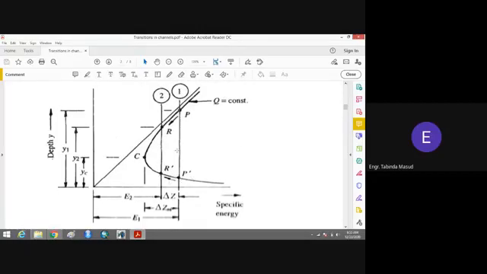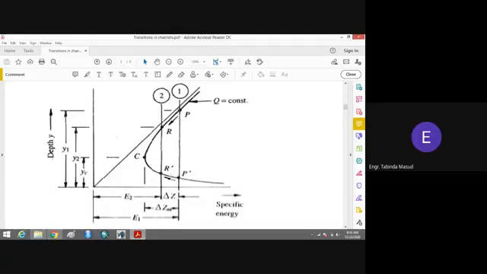We can see that this is section 1, and here we have the depth of the flow. अगर आप यहाँ से depth of the flow को देखें, here we have the depth of the flow y1. And what will happen when it goes to section 2? Section 2 is over the weir.